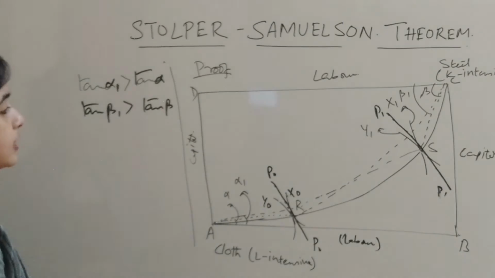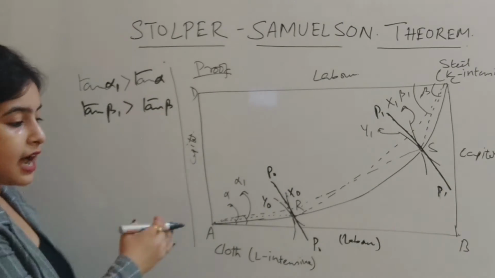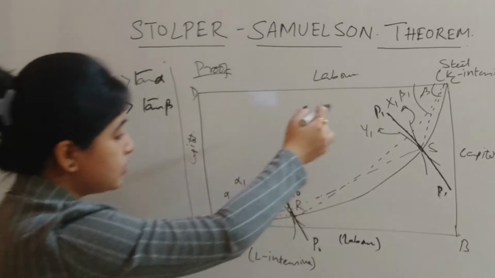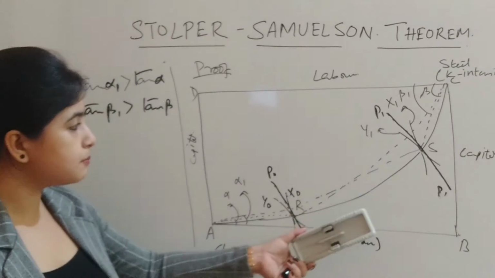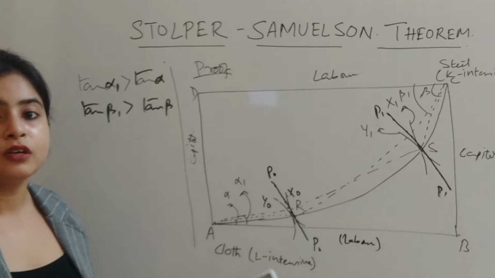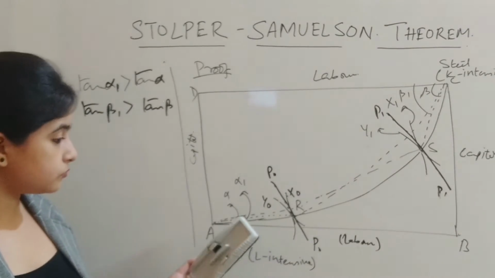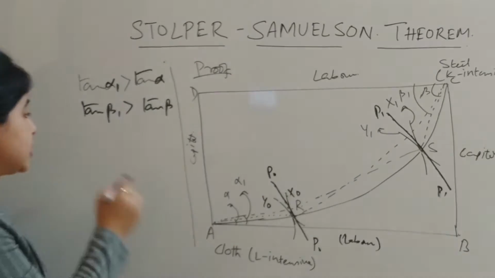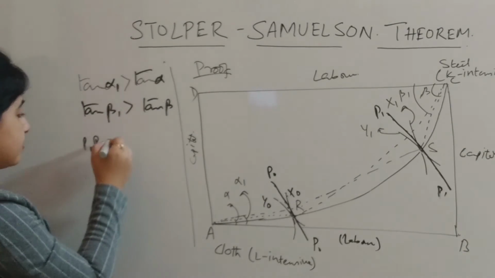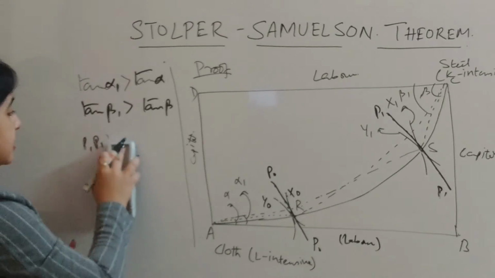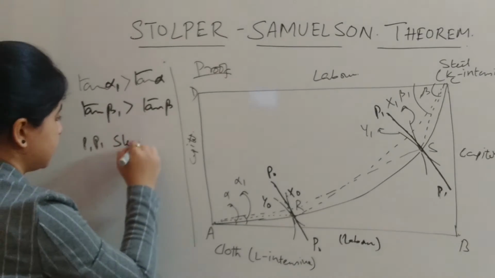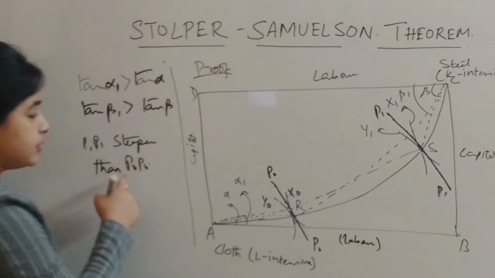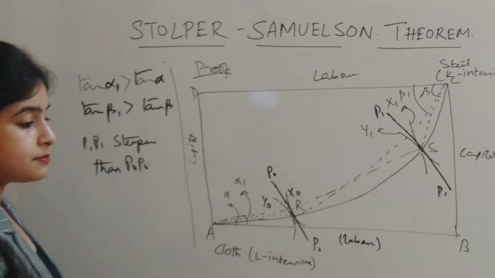So what are we getting? By comparing these two, the price line at P1 is much steeper as compared to the price line at the autarky position. So here we can write P1 is steeper than P0. So this implies what?